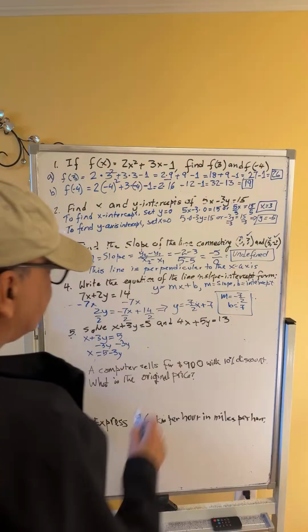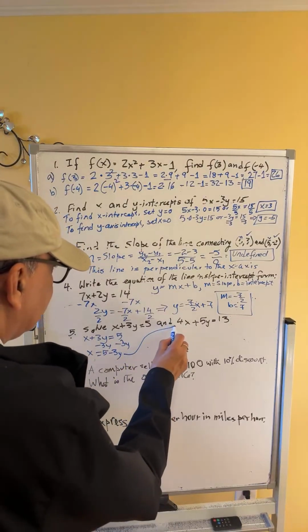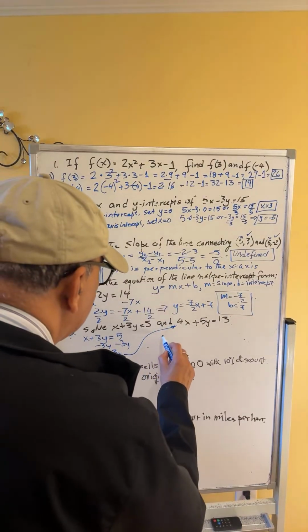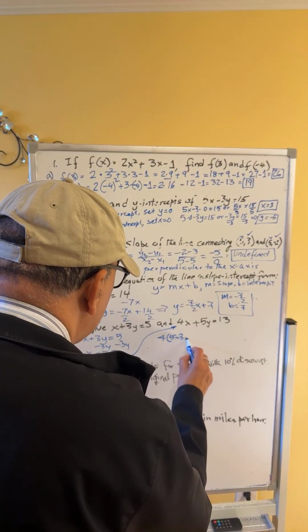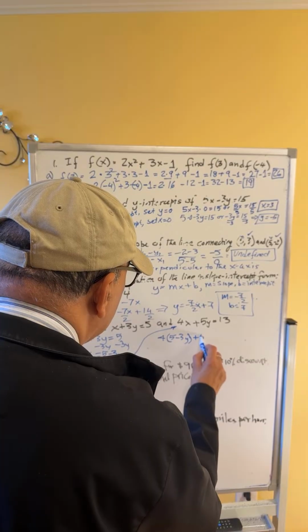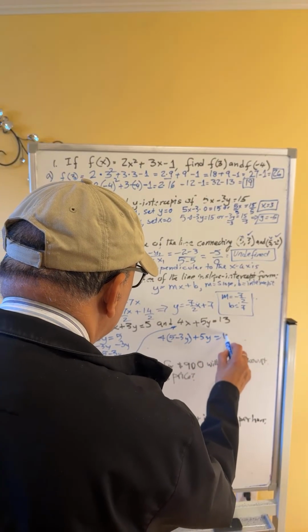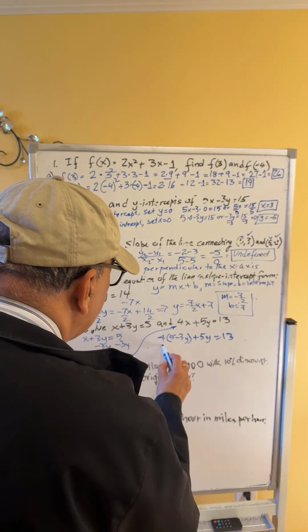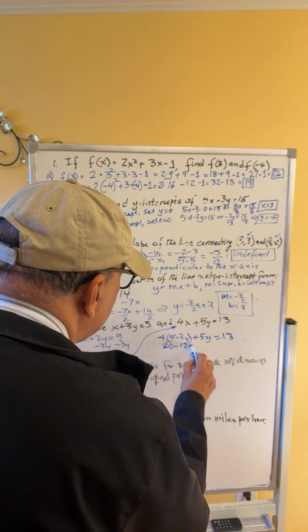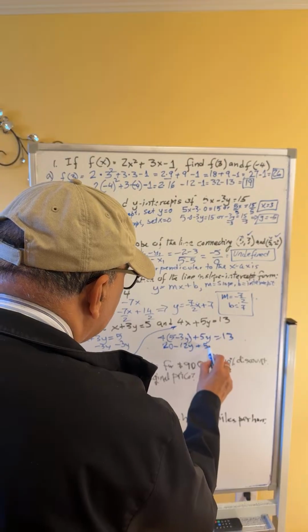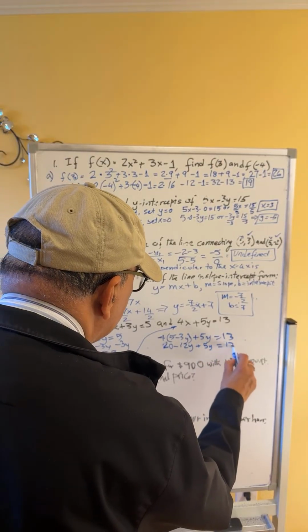I will plug that in the second equation. So I will get 4, for x I will write 5 minus 3y, plus 5y equal to 13. I'll distribute the 4. 4 times 5 is 20, minus 4 times 3 is 12y, plus 5y equal to 13.